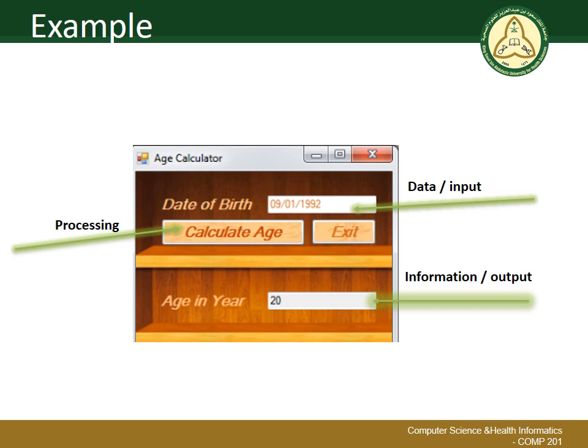We consider the age now as information output, because we did some kind of processing to produce this output. So we have input again, we do some processing, and then we get output information. I hope that the difference between data and information is now clear to you. Data is before processing, information is after processing.